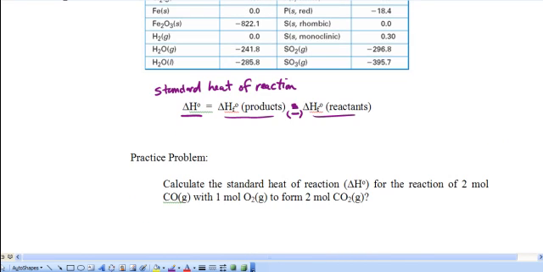Alright, so let's go ahead and take a look at this practice problem and show you how it works. It says to calculate the standard heat of reaction for the reaction of 2 moles of CO gas, carbon monoxide, with 1 mole of oxygen to form 2 moles of carbon dioxide gas. So the reaction is going to look something like this, where you have 2 COs reacting with O2 to form two CO2s.